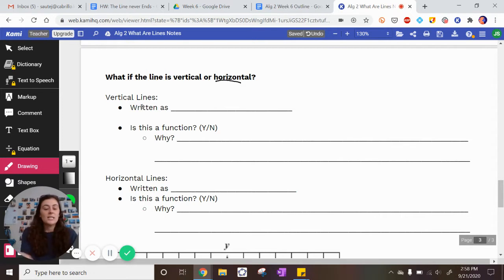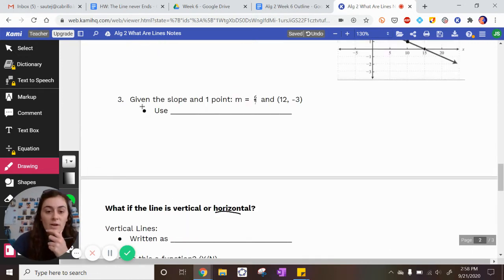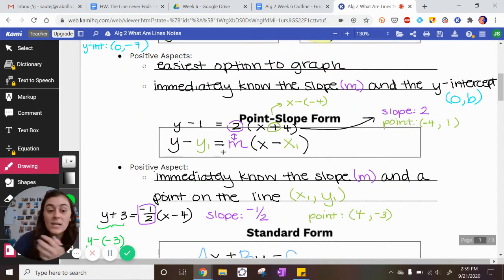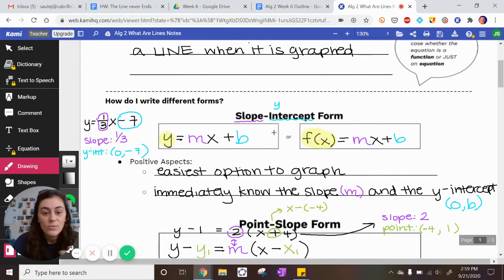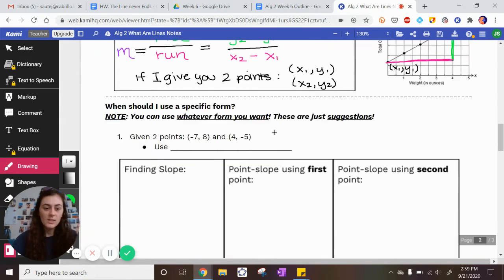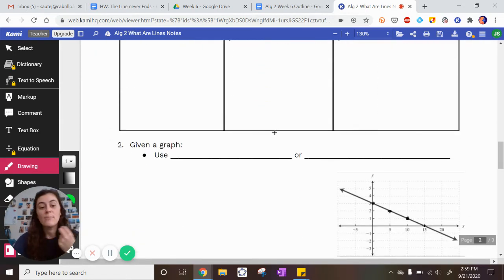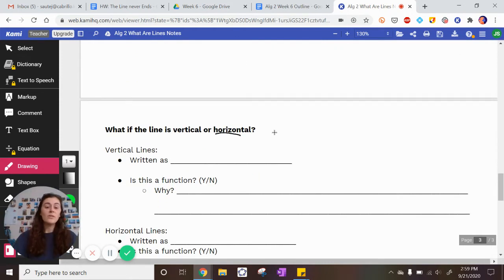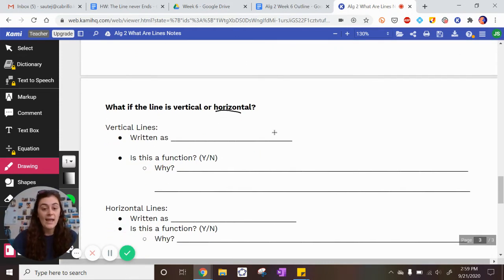The really interesting thing about vertical lines is that their equation is not written like we would normally think a line equation is written. In all of our line examples, we had y minus y1 equals something, and then y equals mx plus b. So y tended to be a prominent figure in the left side of our equation. But with vertical lines, we actually don't talk about y at all.